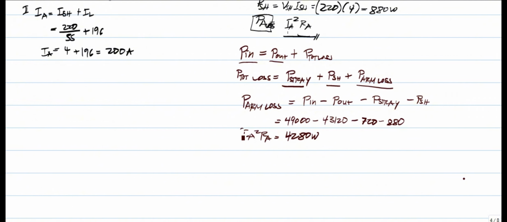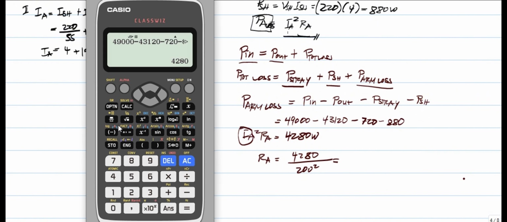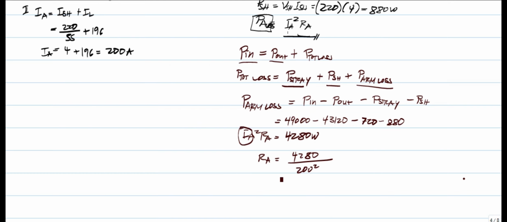While Ia is equal to 200, we have Ra equal to 4,280 over Ia squared, 200 squared. It is equal to 0.107 ohms.